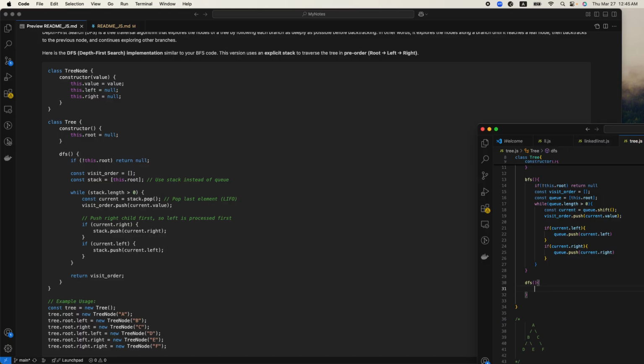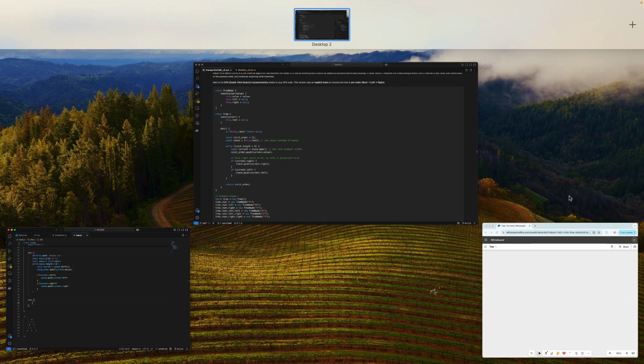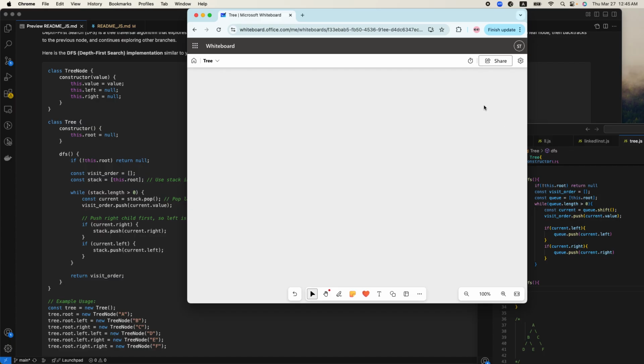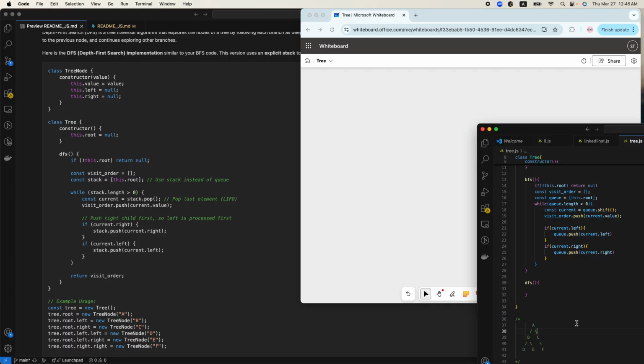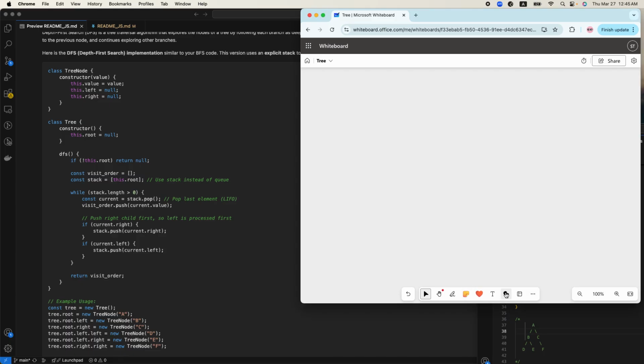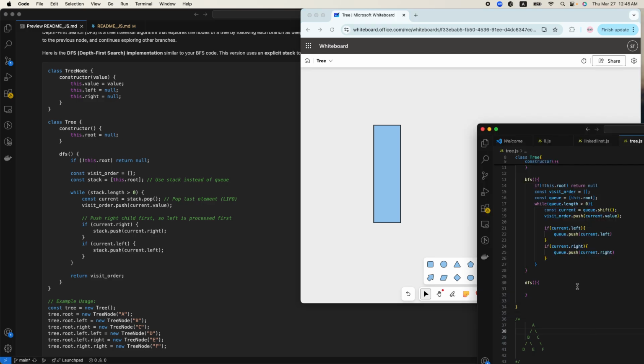Okay, so with DFS, depth first search, we use a stack. Let me first draw a stack here. Okay, let's say it's our stack.